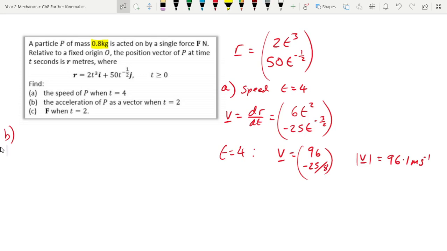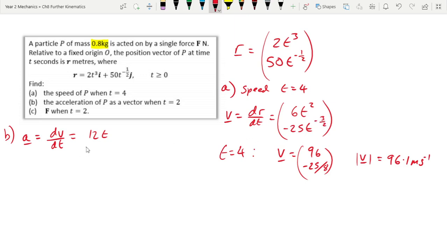In part B, the acceleration as a vector when t is 2. So the acceleration, that is the velocity differentiated, the rate of change of velocity. So I need to differentiate this expression here again. I'm going to get 12t on the top, and then minus 1.5 times minus 25, and then t to the minus 5 over 2, so reducing this power by 1.